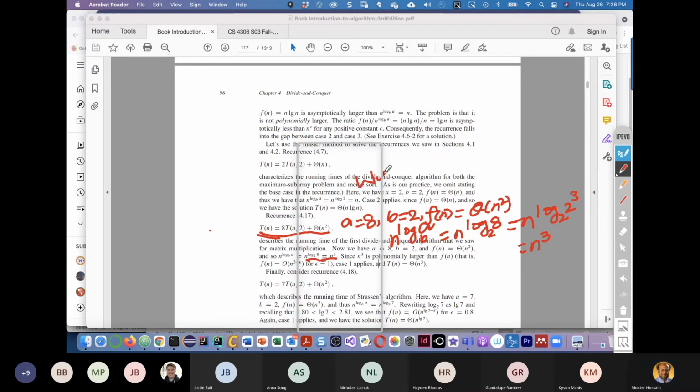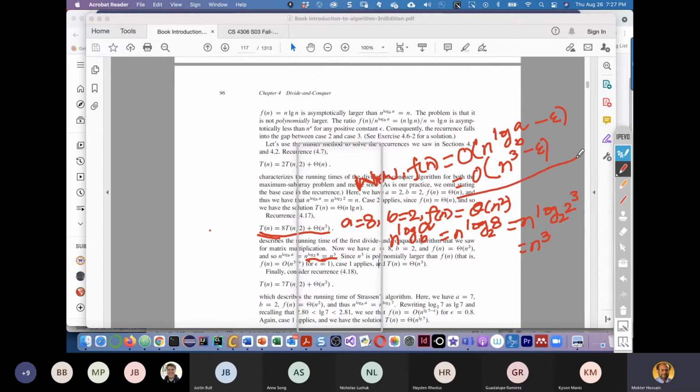Now f(n), according to our formula, master theorem case 1, f(n) equal to big O of n to the power log of a with base b minus epsilon, equal to big O of n to the power 3 minus epsilon.